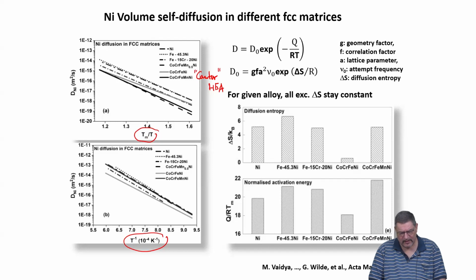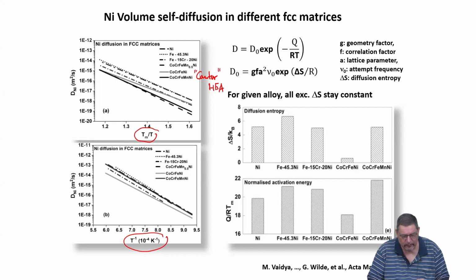You can also see that depending on how you plot it, whether you take the absolute or the homologous temperature as a reference, the data for the self-diffusion, volume diffusion coefficients are either rather on the fast side or rather on the slow side compared to the others.